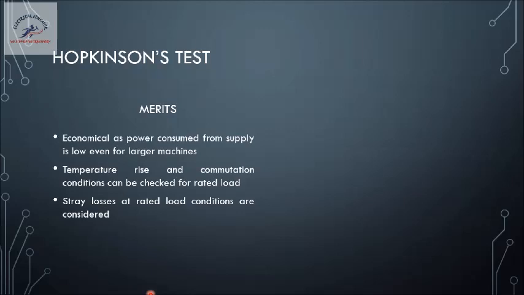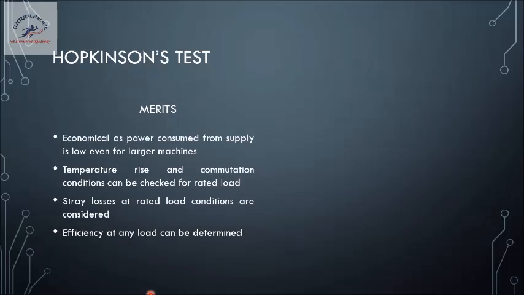So the practical stray losses can be calculated using this method, whereas in Swinburne's test, stray loss is predetermined and assumed to be constant. Here, if flux weakening takes place because of the armature reaction, then the stray losses will change, but it is possible for us to calculate using the method. So efficiency at any load can be determined. This is an actual determination, not a predetermination.